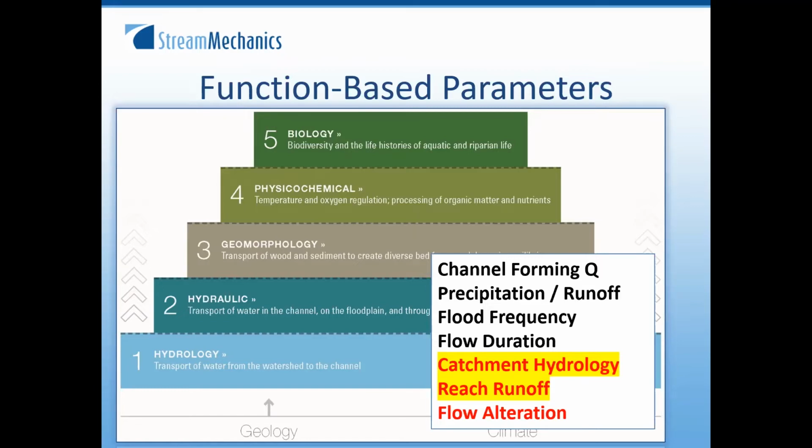So this would be for hydrology. The parameters in black were in the original framework document. The ones in red have been added as we've developed SQTs around the country, and the ones highlighted in yellow are included in the Alaska SQT, Stream Quantification Tool.